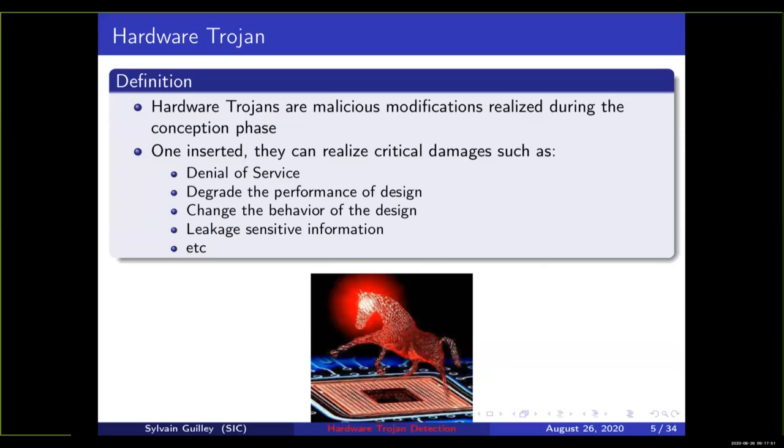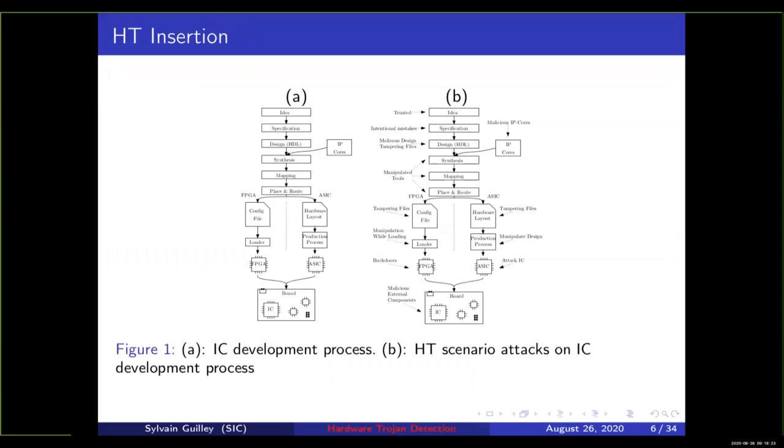So we have the trigger, and then we have the payload part of the Trojan. Okay. So the payload can do anything from just denial of service to degrading the performance and even changing the behavior to leaking information without the user being able to notice anything. You see, so different impact, and some impact which can be completely critical.